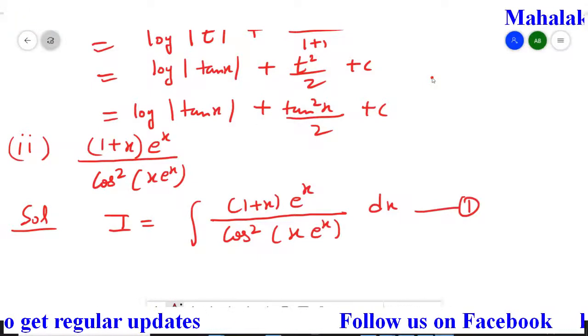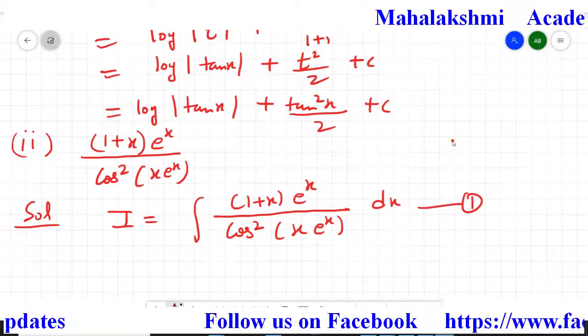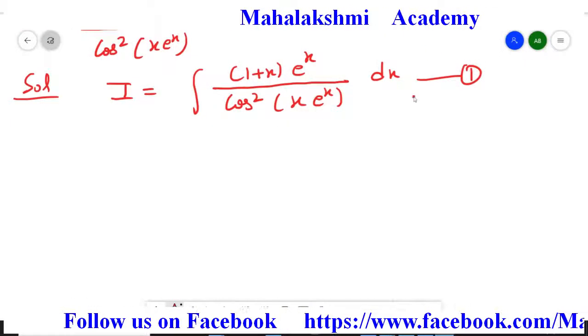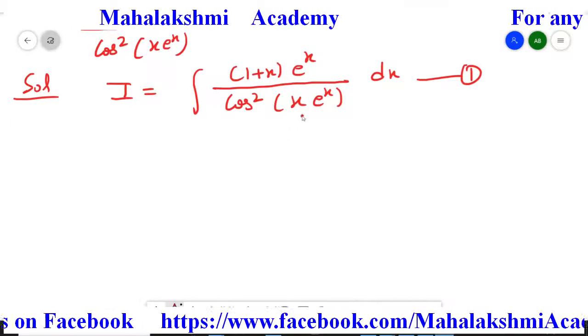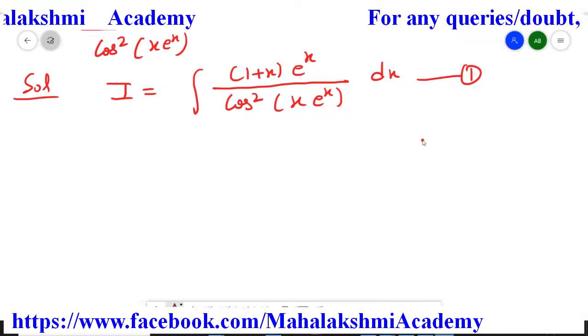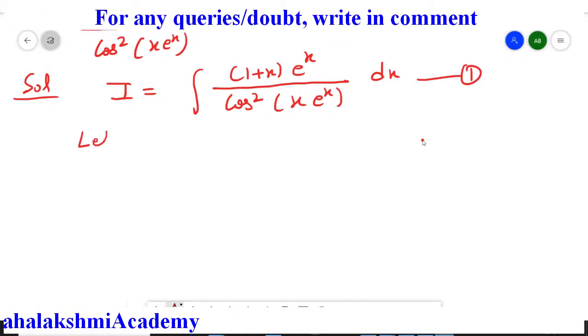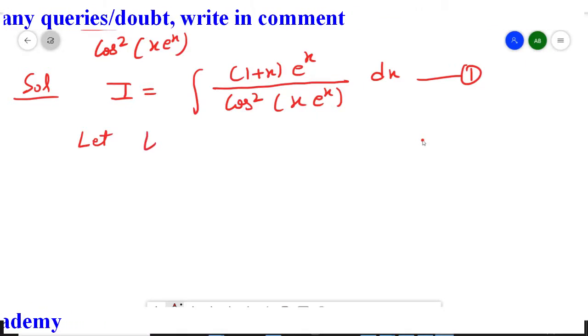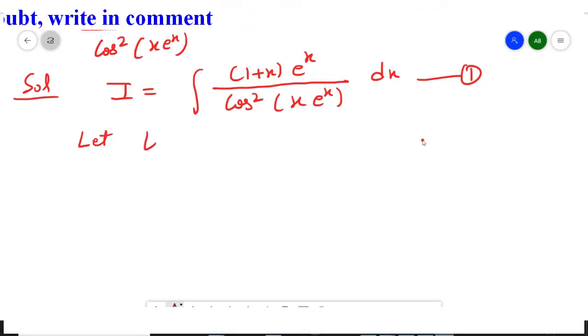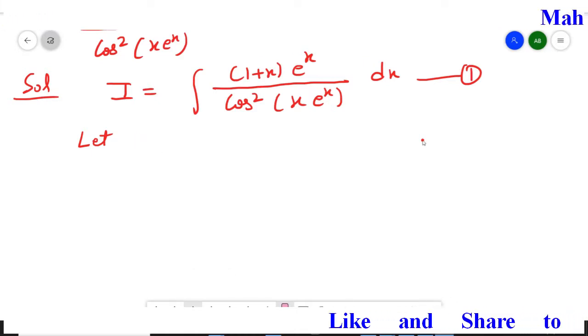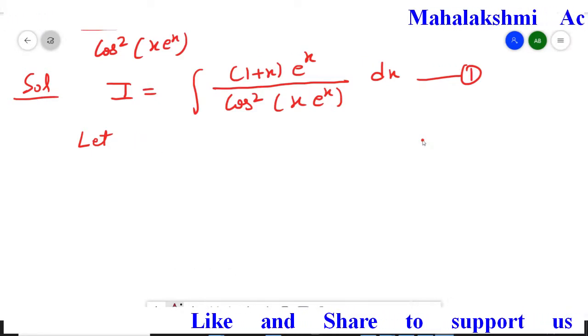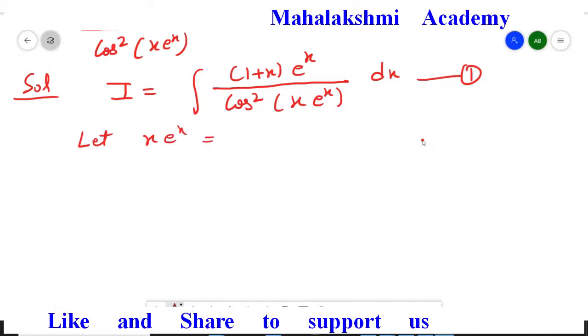So here students, directly we will start by the substitution method. In the substitution method, we are going to assume this bracket as t. In some particular questions, by observing the question you will come to know what you have to assume as t. So here we will assume x e to the power x as t.